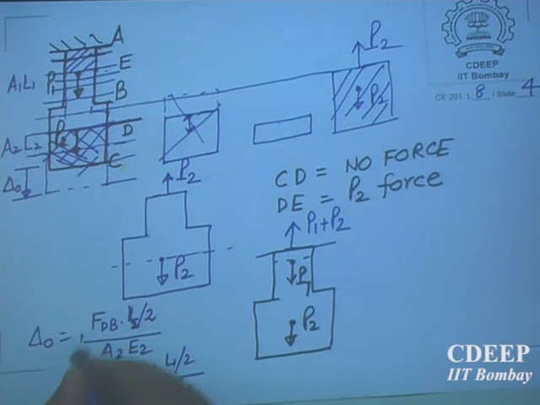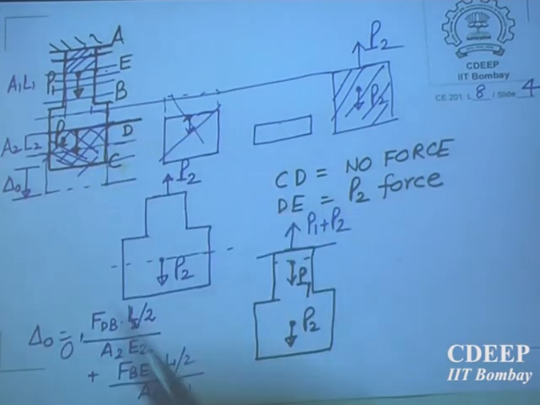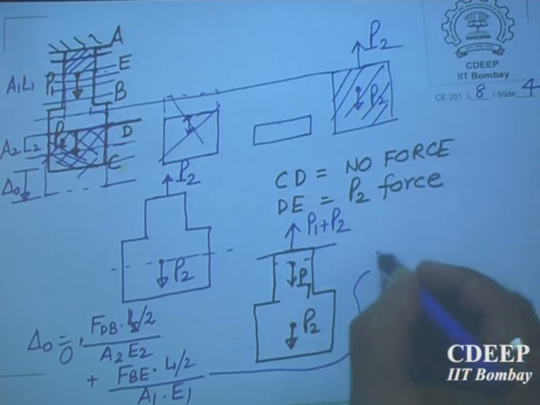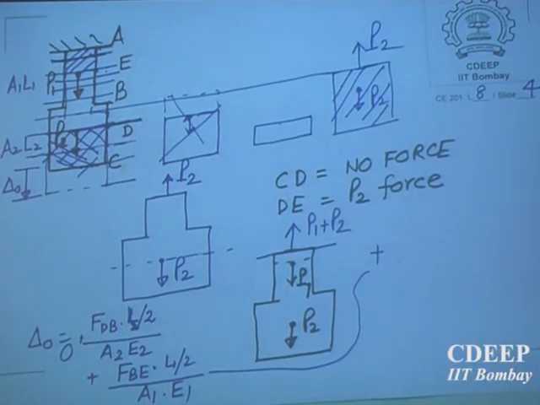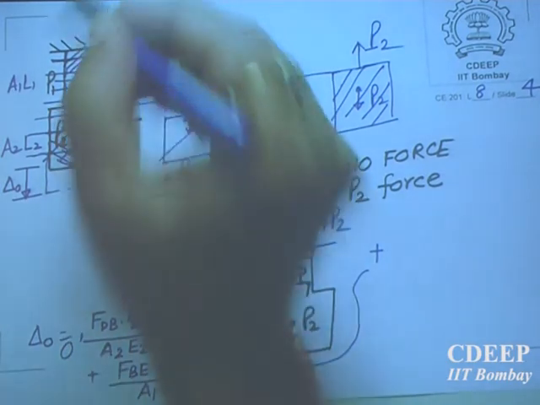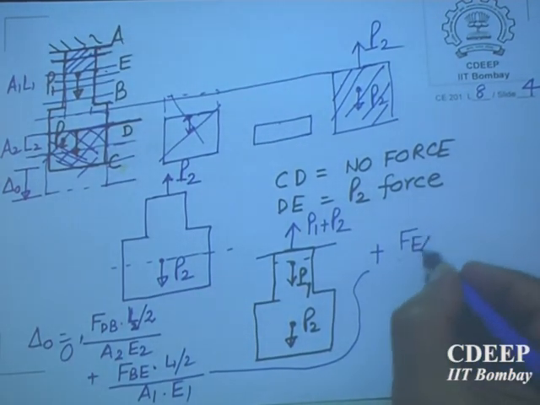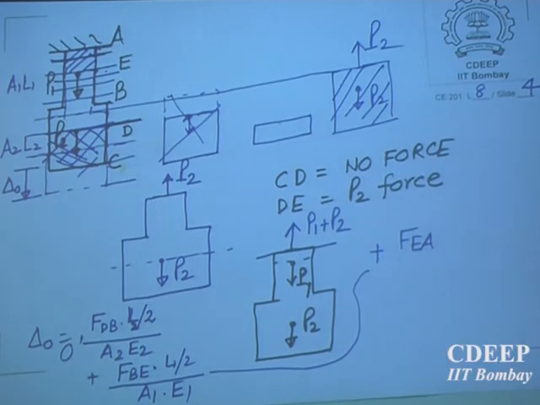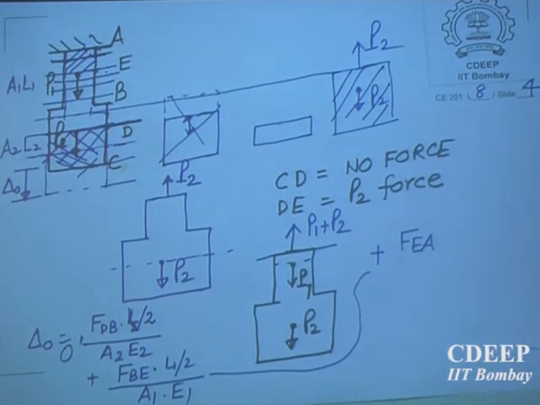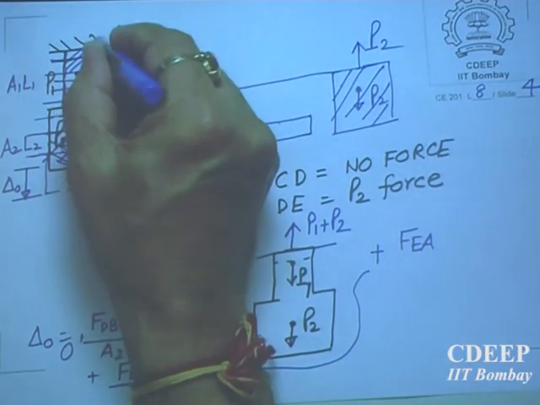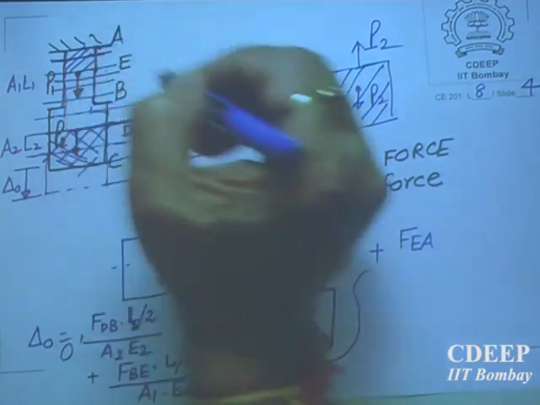So first portion is 0, from here to here it is 0, and plus how much? Now you are left with EA. So force in EA. Is it okay? Force in this length, E to A. How much is the force?